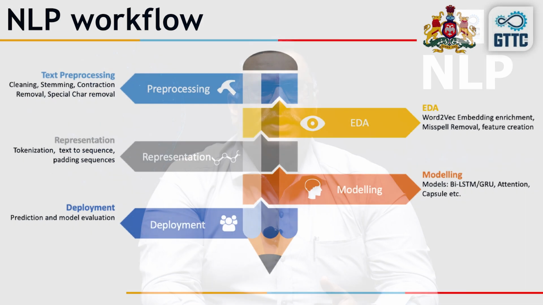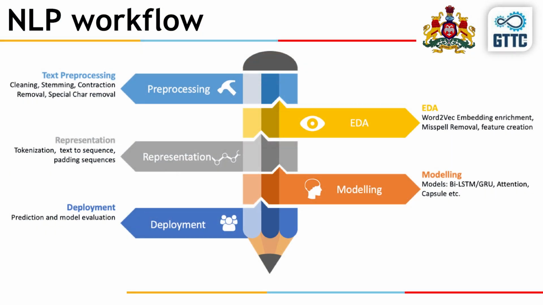So with this, how to process NLP? How exactly do you have to process NLP? For this, you should understand the NLP workflow, how exactly NLP is working. When you think of the working of NLP, several things come to your mind.